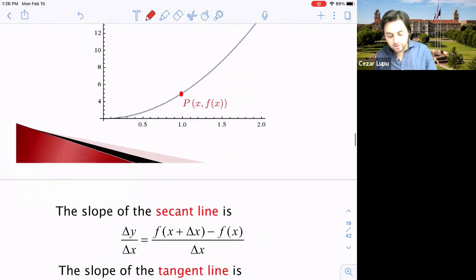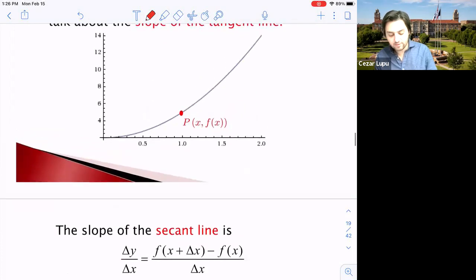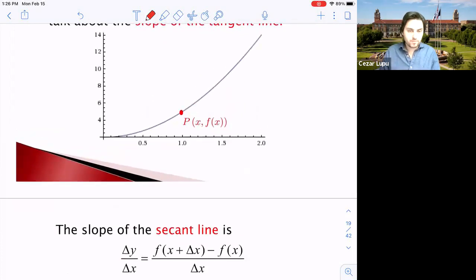But first, let me just say that the slope of the secant line, right, is nothing else than just rise over run. So it's delta y over delta x, where delta y is f of x plus delta x minus f of x, everything over delta x. So that's the slope of the secant line.